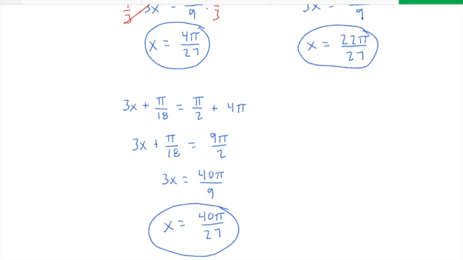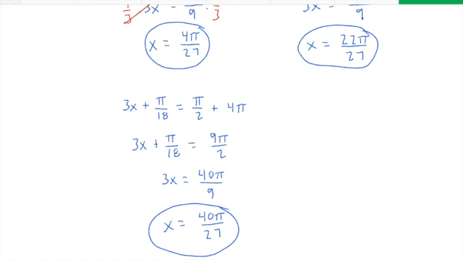Now I'm noticing a pattern emerging with my solutions. The first solution was 4 pi over 27. The next is 22 pi over 27. See how the numerators are 18 pi apart from one another. And from the second solution to the third, 22 pi and 40 pi, they're also 18 pi apart.